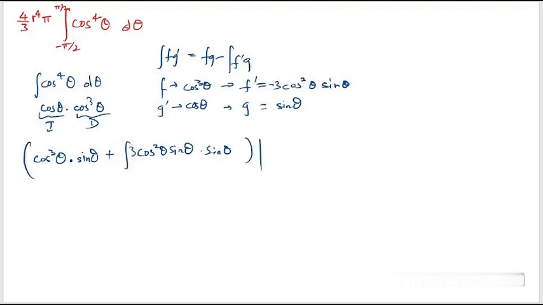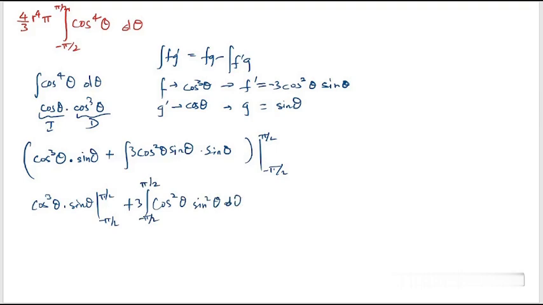The whole thing with the limits minus pi by 2 to pi by 2. So we separate the limits. This, minus pi by 2 to pi by 2, plus the integration of minus pi by 2 to pi by 2 of cos square theta times sine square theta d theta.